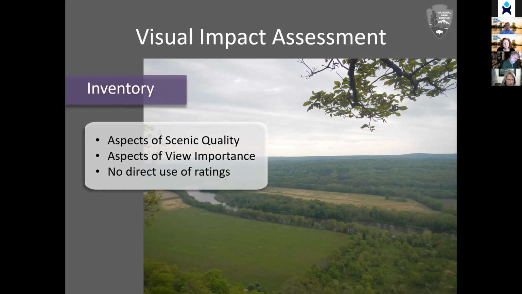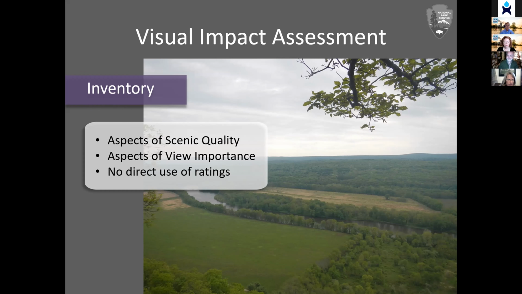We don't take the scenic quality rating from our inventory and say, okay, this decreases the inventory by 10 points, therefore now it's scenic quality C instead of B. We don't do that with the view importance ratings either, but we use the aspects that underpin those ratings as part of the impact assessment process. So as we look at the actual parts of our impact assessment method.